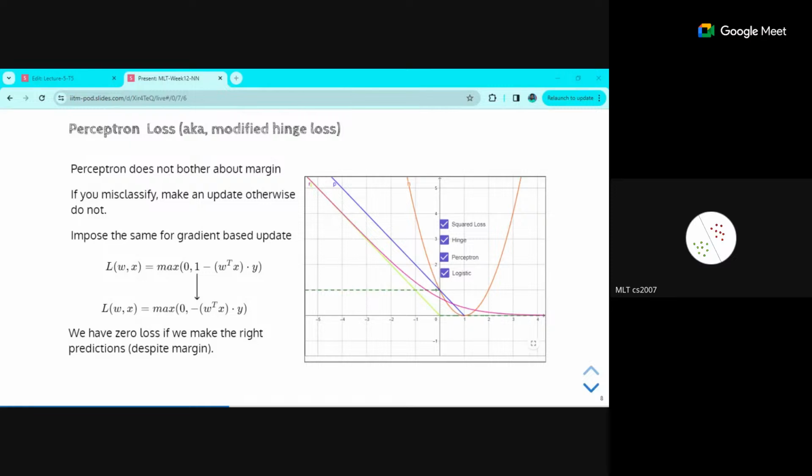Okay, let me take a look first. So this is week 2. I hope I have met those slides. Okay, week 12 here. Let me switch the tab.